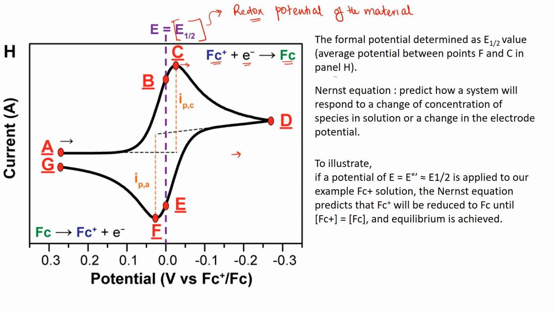So here the reduction is occurring. When the potential is reversed after reaching the point D, a point is reached, point F, where Fc becomes Fc plus and an electron, that is, Fc is losing an electron. This is where oxidation takes place.